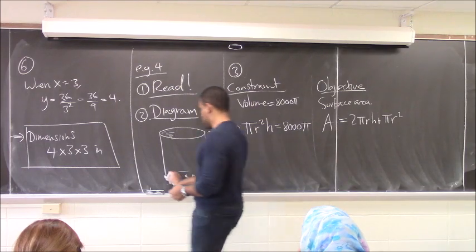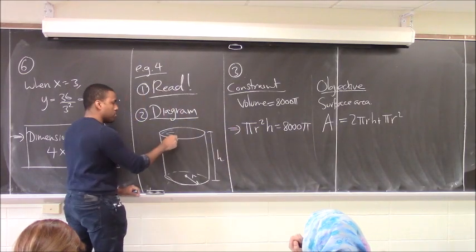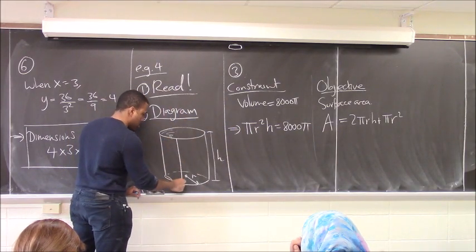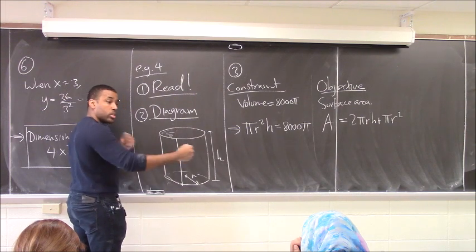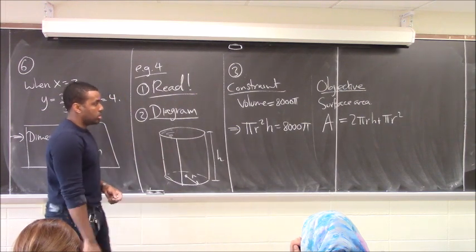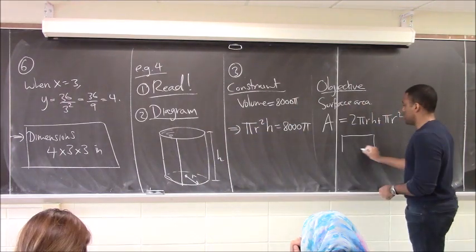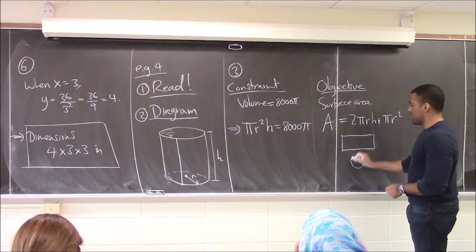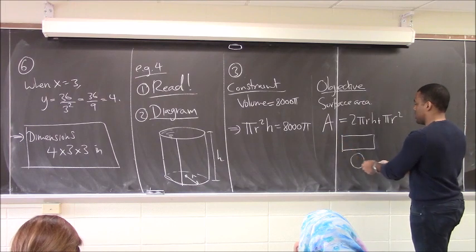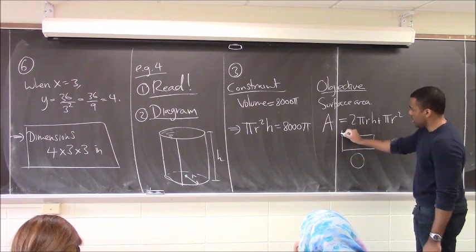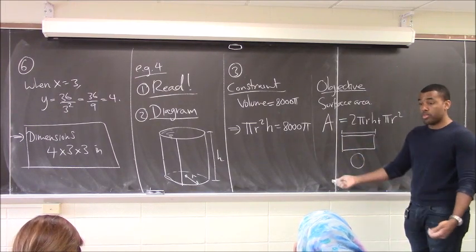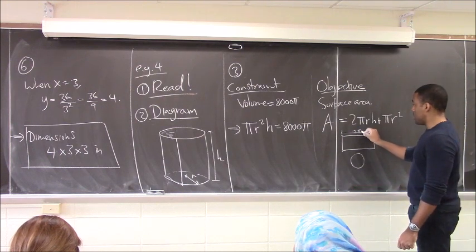The idea is with a cylinder, you can slice it along the edge and then unfold it. Right? It'll unfold into a rectangle, and then the base is going to be just that disc. But this is the rectangle that you wrap around that disc, so the length of that rectangle must be the circumference of the circle, 2 pi r.